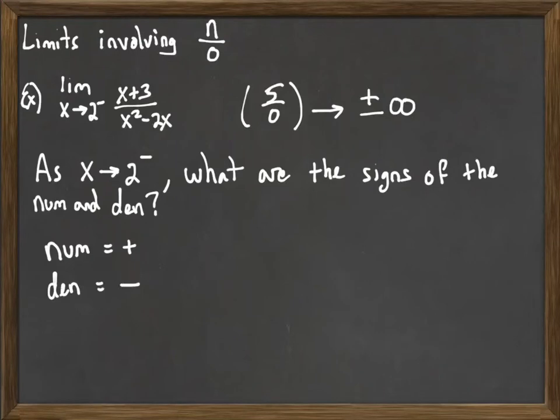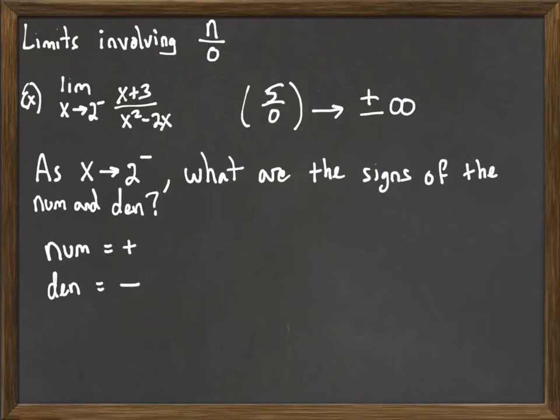If we plug in numbers just a little bit smaller than 2, the numerator x plus 3 is close to 5. And so the numerator is approaching a positive amount. As x approaches 2 from below, taking on values a little bit smaller than 2, like 1.9, 1.99, a quick check shows you that the denominator is negative.